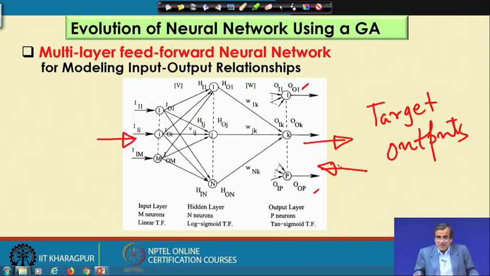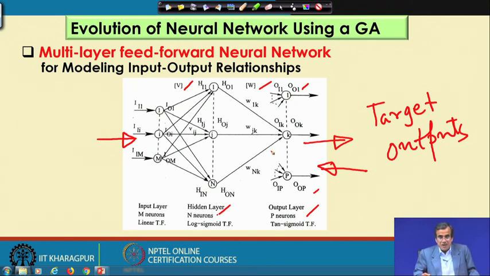Now, let us see, using the principle of genetic algorithm, how we can evolve the different design parameters of this network. For example, the connecting weights V and W, and the coefficients of the transfer function, like log sigmoid and tan sigmoid transfer function, could be the design variables, because the performance of this network depends on these design variables.